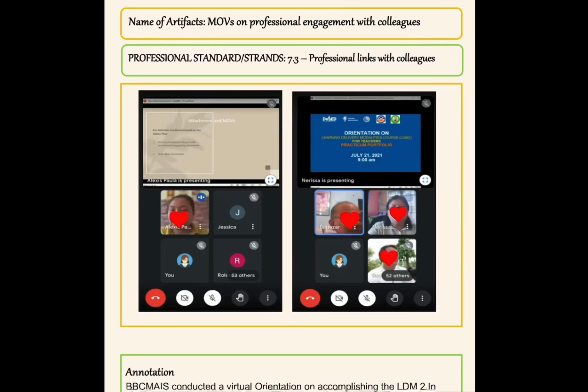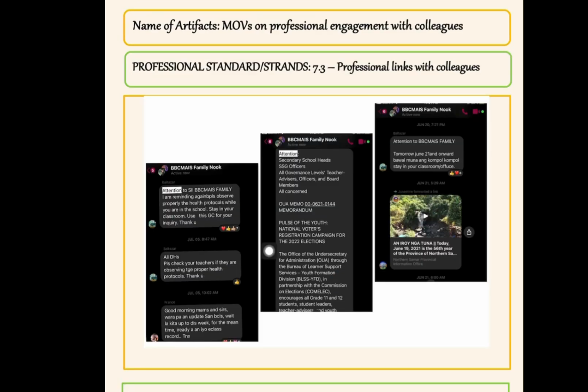And the next artifact is MOVs on professional engagement with colleagues. So, ganun din. Professional standard strand, professional links with colleagues. Okay. For the annotation, don't forget to write a support on your attachment. And the last artifact is the MOVs on professional engagement with colleagues.